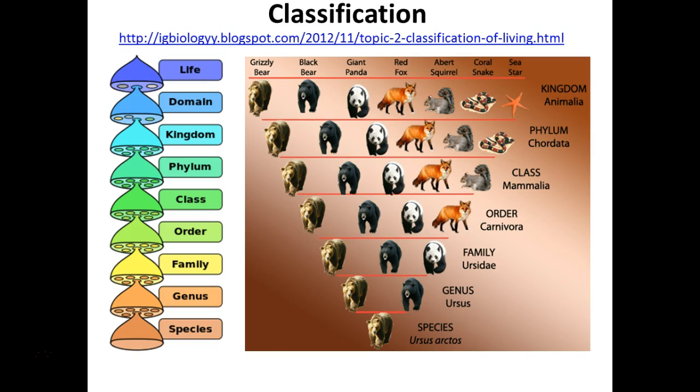So what we learned for life, right, for living organisms, plants, animals, bacteria, archaea, fungi, protozoa, we use the system now that starts with domains, and there's 3 domains, and then 5 or so kingdoms, and even some of those are changing. We're getting things like super and sub-kingdoms, and then as we narrow it down into phylums.